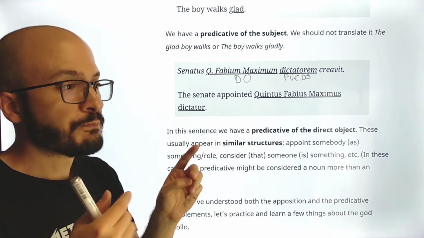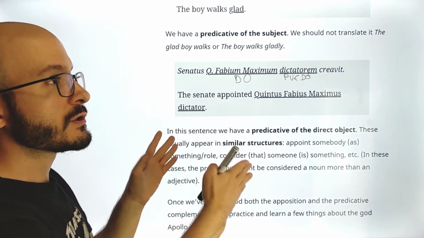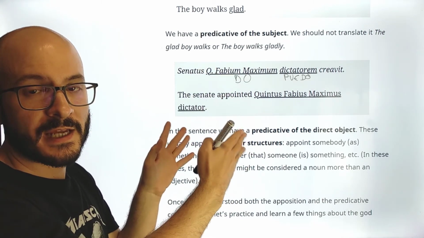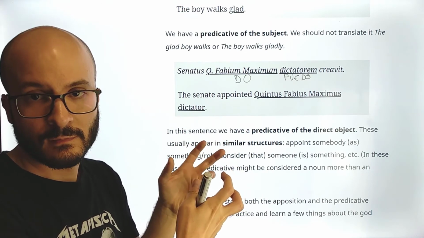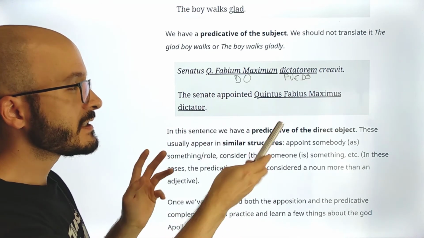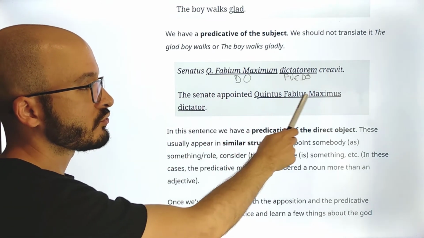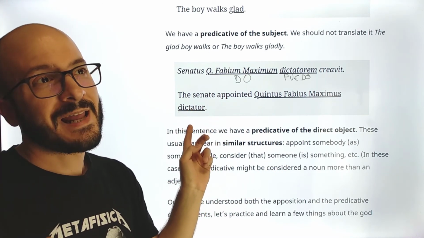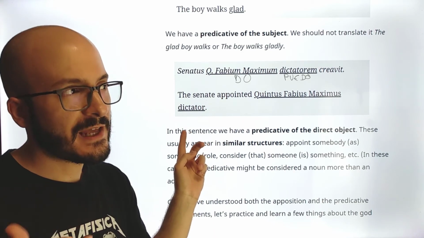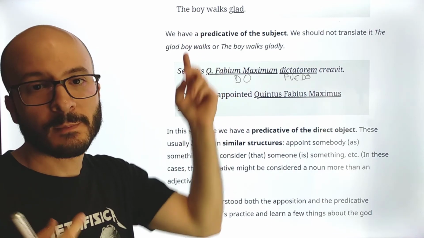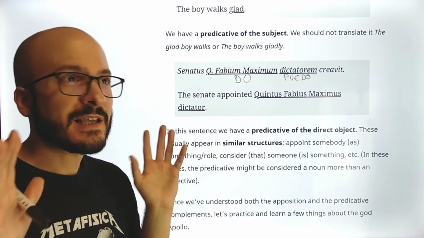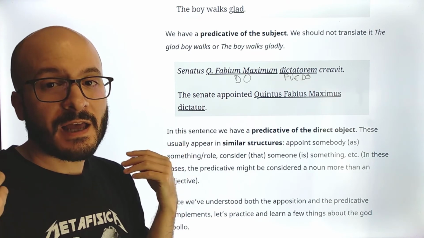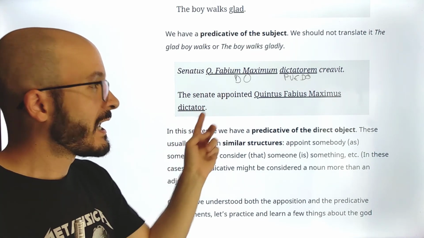And in that case, notice that if I say I consider this TV big, then big is an adjective. But here, in cases such as the Senate appointed Quintus Fabius Maximus dictator, dictator works more like a noun. So this is the exception that I was referring to at the beginning. Most of the time the predicative is an adjective, but sometimes it can be a noun, like in this case.